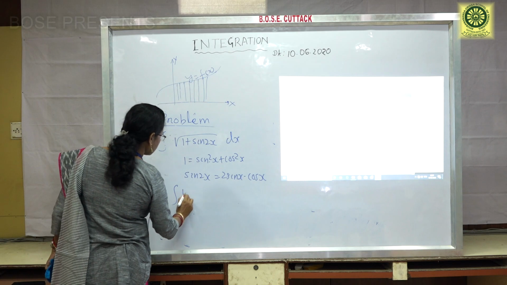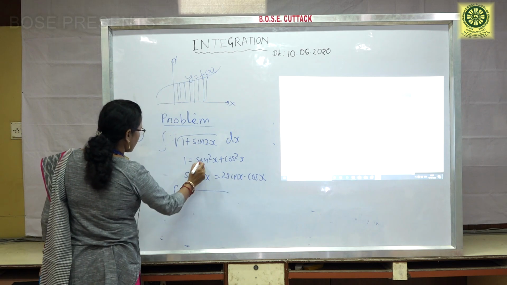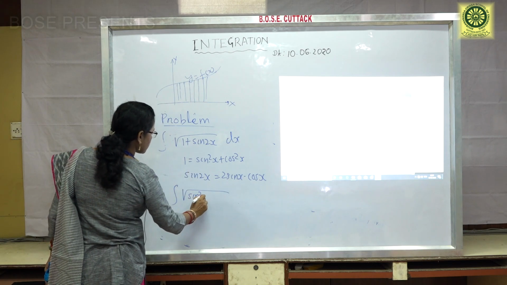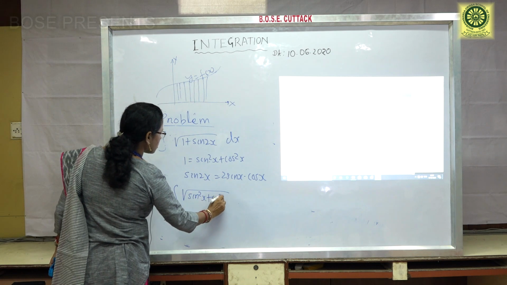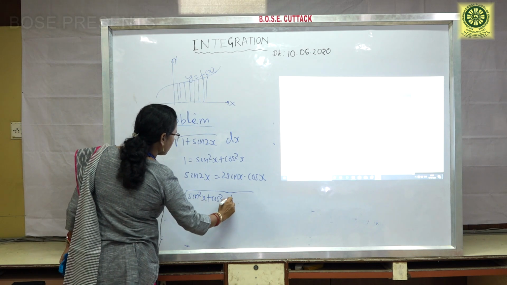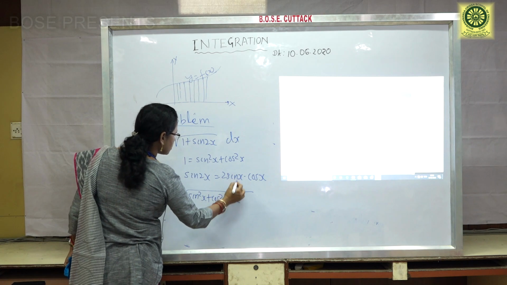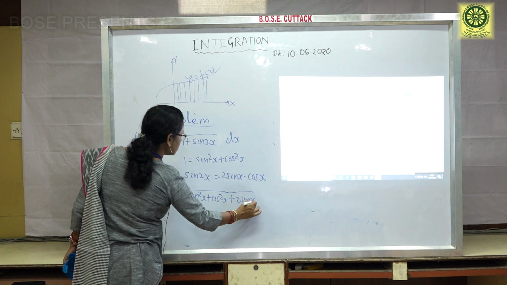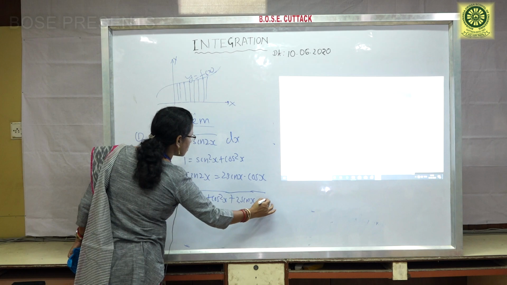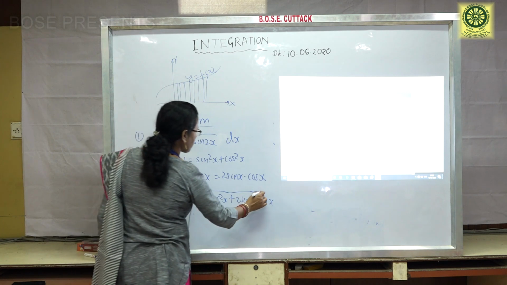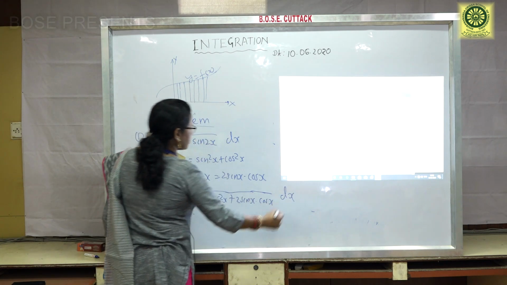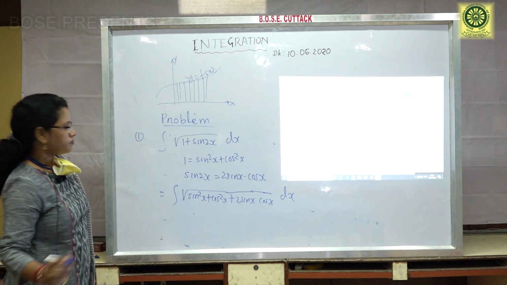So just do that: root over of, in place of 1, write sin square x plus cos square x, and in place of sin 2x, use this formula, 2 sin x into cos x, to integrate this with respect to x.